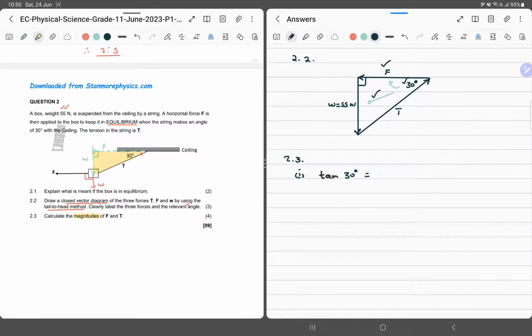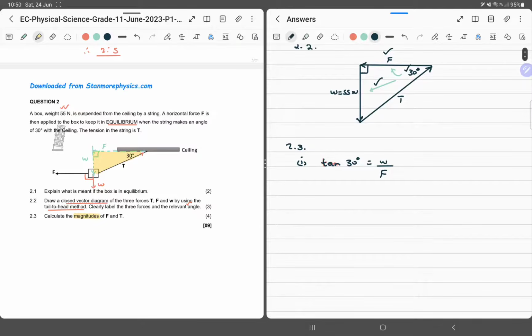Tan 30 degrees is going to be the weight, which is the opposite side, over F. Okay, great stuff. So we can say therefore our F here is going to be our weight, which is 55, divided by tan of 30 degrees. So let's do the answer there. Nice and easy, there's the calculator.